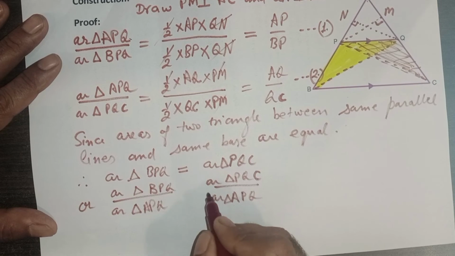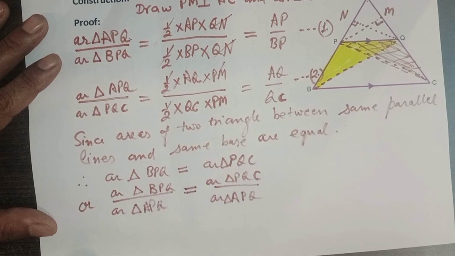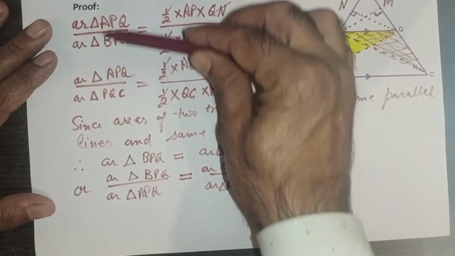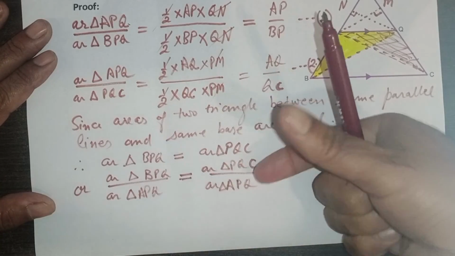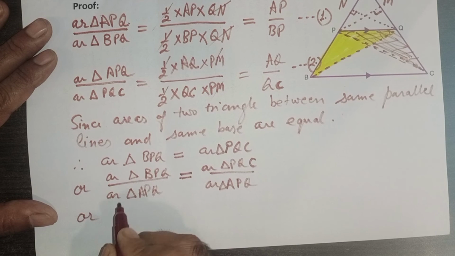So we have divided with the same thing, hence equality will not be disturbed. They are still same. Now actually we need this. For that we have to reciprocate them. So hence it will be reciprocated.